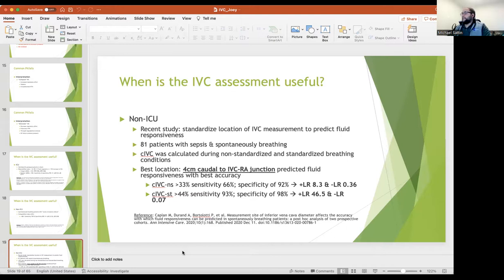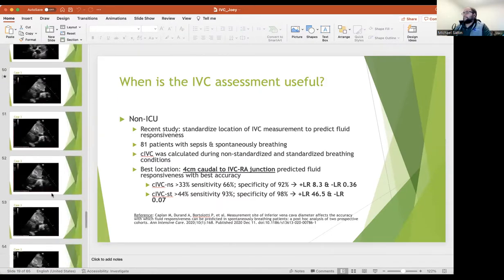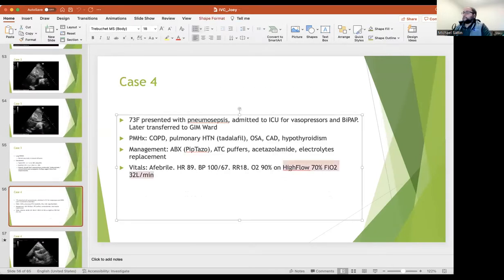Now, that being said, as Jeff and Melanie have both mentioned, fluid responsiveness does not mean fluid tolerance. And I would argue, Joey, that in that last case, the IVC added no value, because you have a patient on 70% or 90% with a big dilated RV. If you give that person fluids, you're just looking for trouble. Their blood pressure is fine. They're not on pressors.